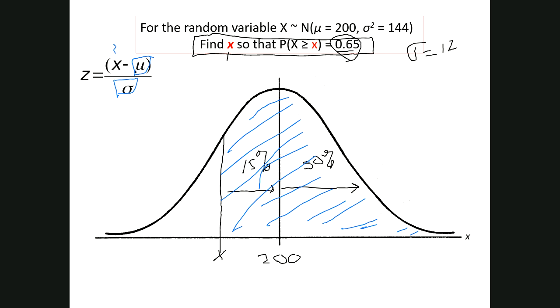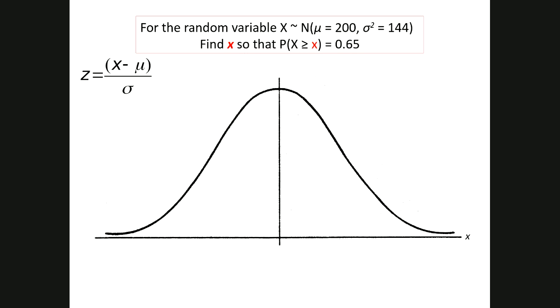We're actually solving for X. Because we know the probability, we can look up this value of Z in our table. So let's go see how we do that on this next chart.